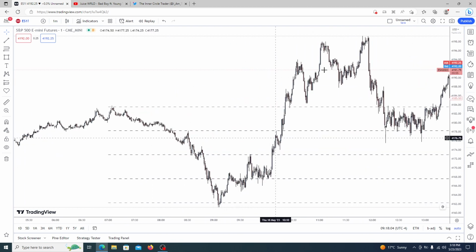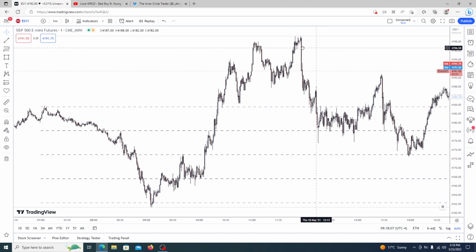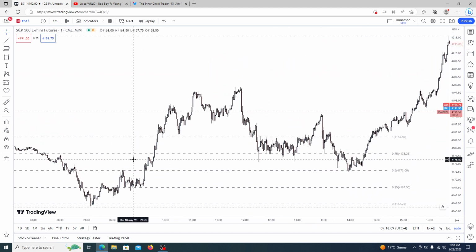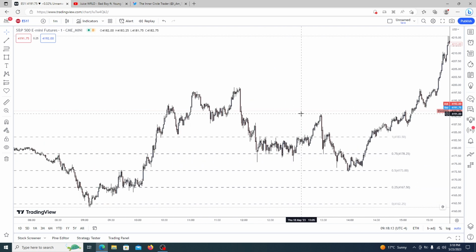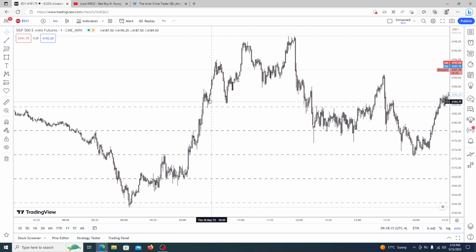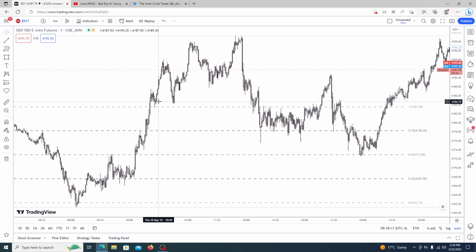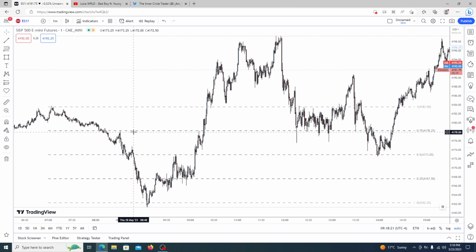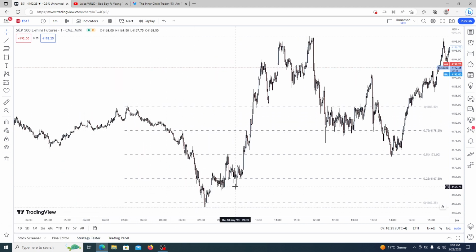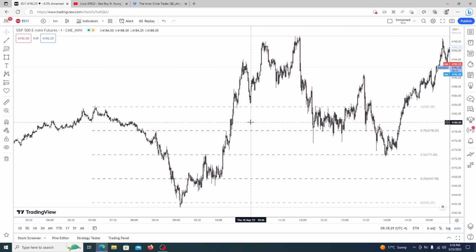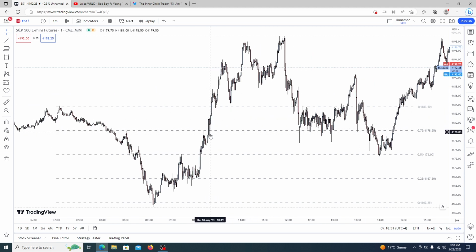Okay, so price trades up and then price comes back down. Obviously not respecting the 75% as you would have expected it to in this particular swing. Price trades right through, no rejection at all. As you can see, price rejects and trades higher.